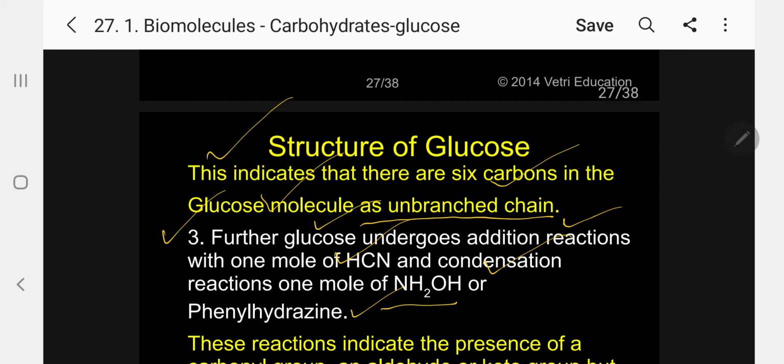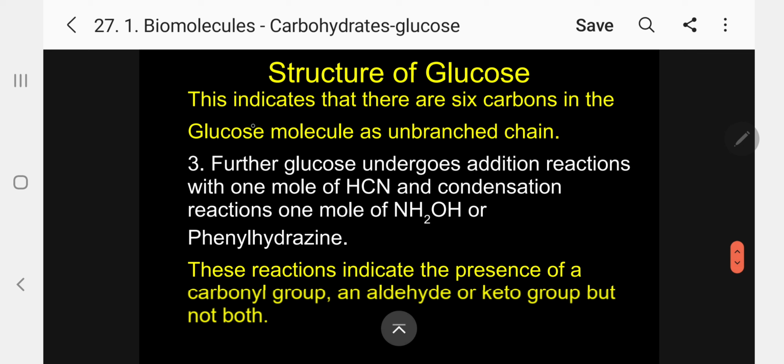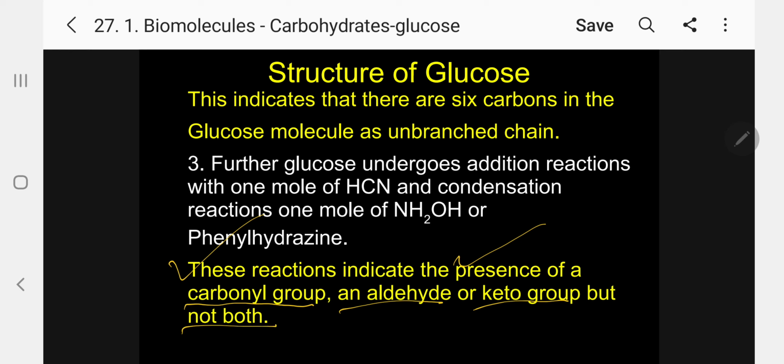So it behaves like an aldehyde or ketone. What is the idea? These reactions indicate the presence of a carbonyl group, that is an aldehyde or keto group, but not both. So the molecular formula we know, it is a linear chain, and there is an aldehyde group or a keto group. Kindly follow.